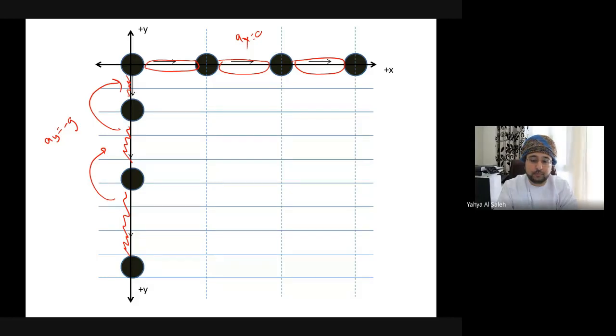So let's draw the resultant every single time. This is my resultant here, and here, it's here. Then here.